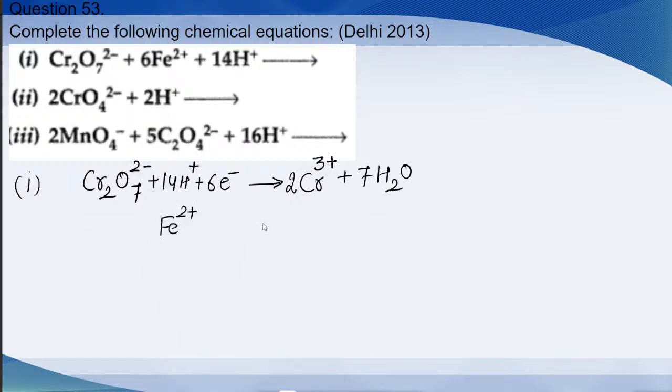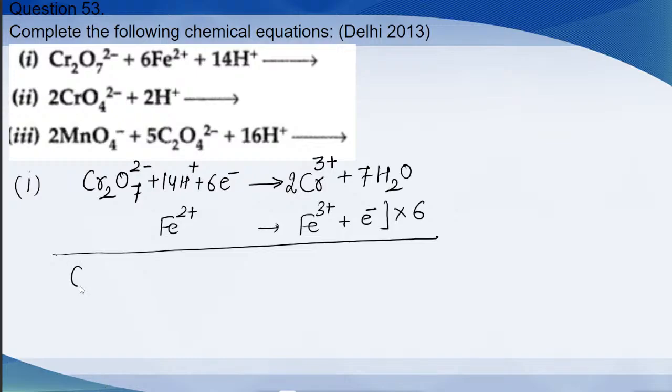Now second is Fe2 plus. So obviously Fe2 plus ion gives Fe3 plus. So to balance the charge, just add 1 electron on the right side. And now to balance the electrons on both sides, to cancel out the number of electrons gained and lost, we multiply the second equation by 6.